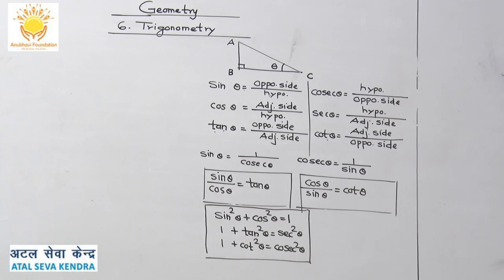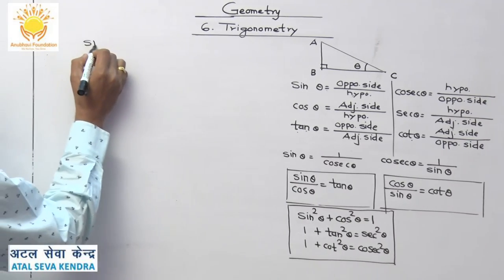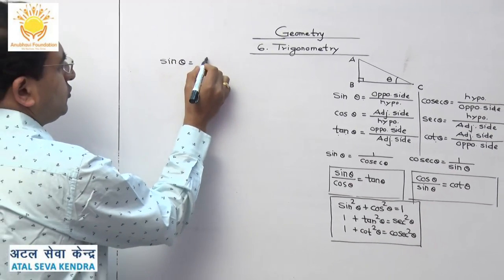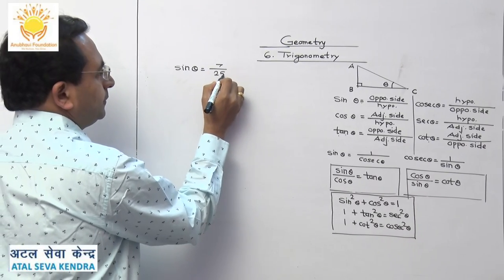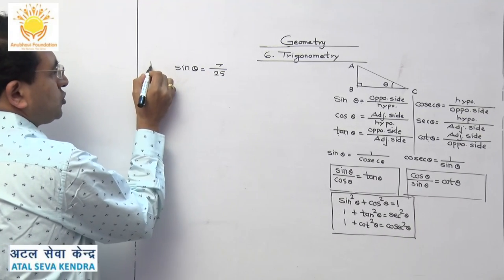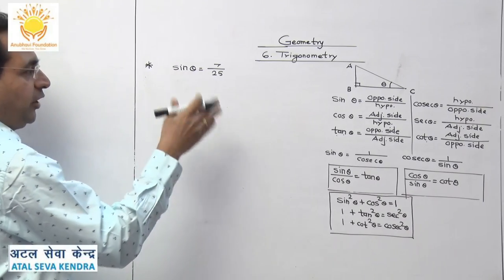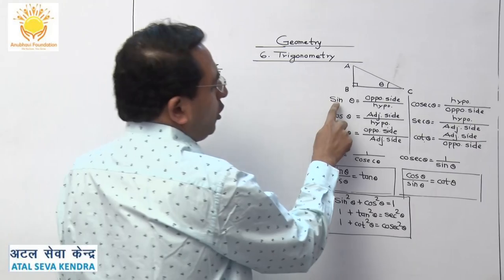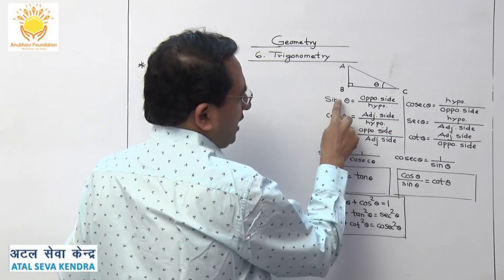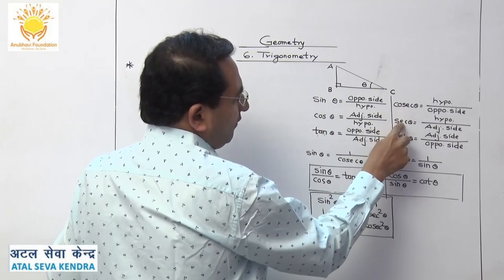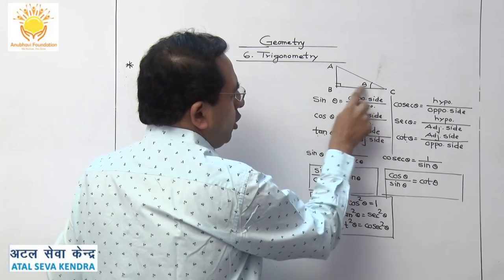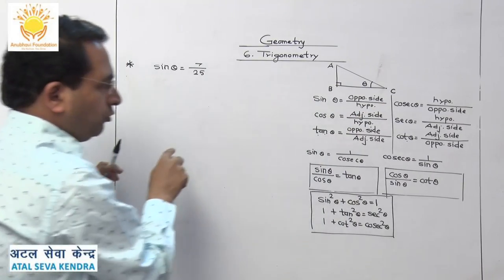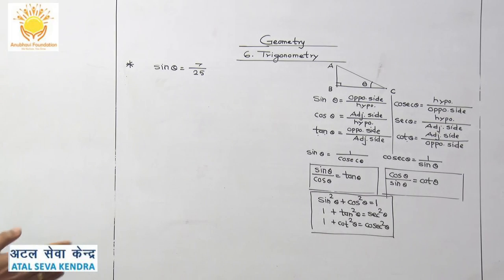Suppose I am writing something about sine of theta is equal to 7 upon 25 and you are asked to find out remaining trigonometric functions. Now tell me, you are having in all 6 trigonometric functions like 1, 2, 3, 4, 5, 6. Out of that you have been given this. So you have to find out the remaining 3.